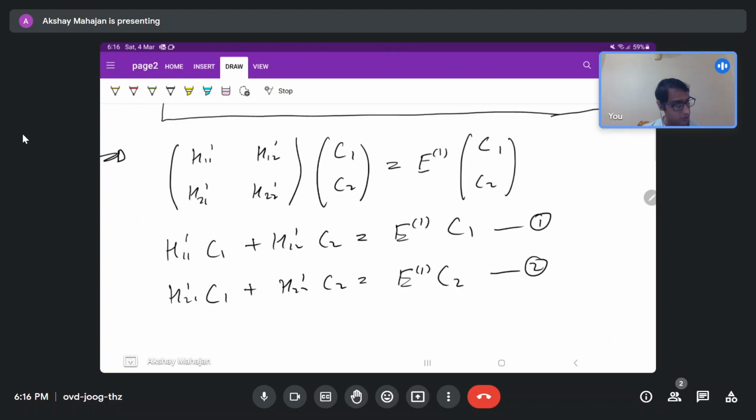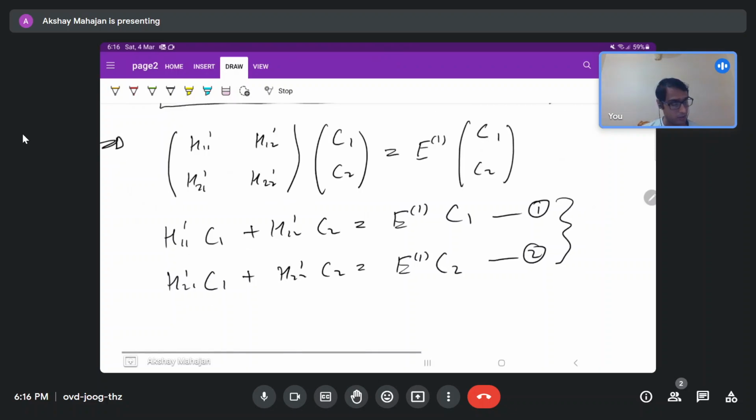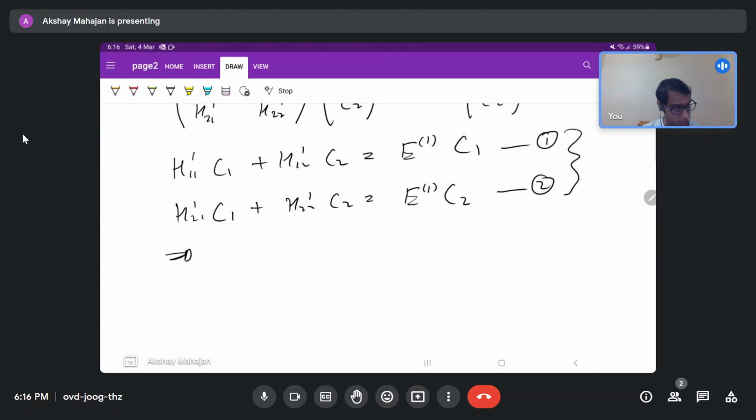So you will have these two equations, and from here you can find C1 C2 and your new wave function. You can say phi 1 of the 0th order will be some C1 times psi1 of the 0th order plus C2 times psi2 of the 0th order.